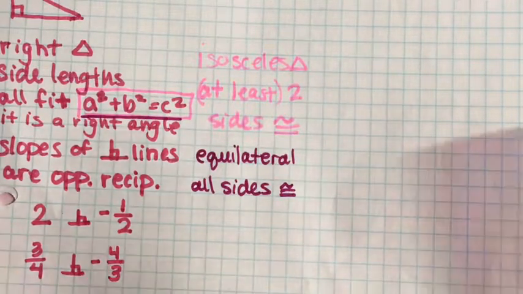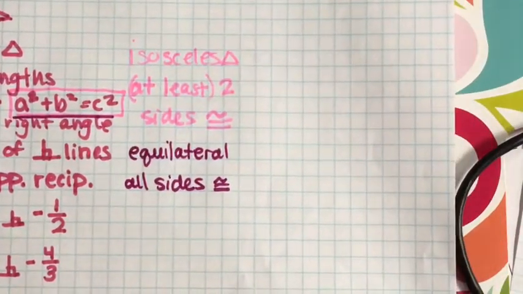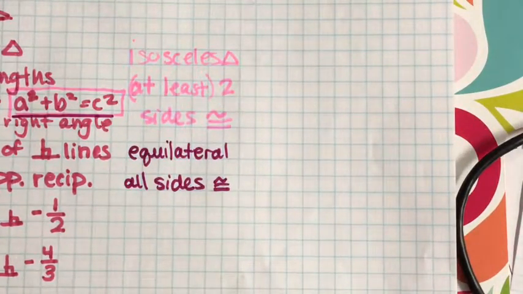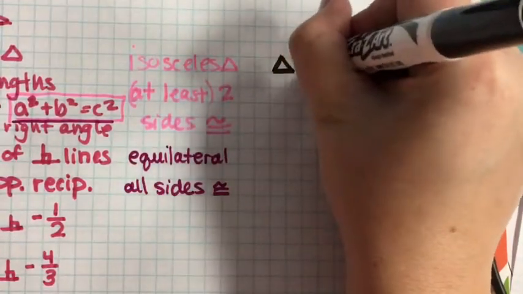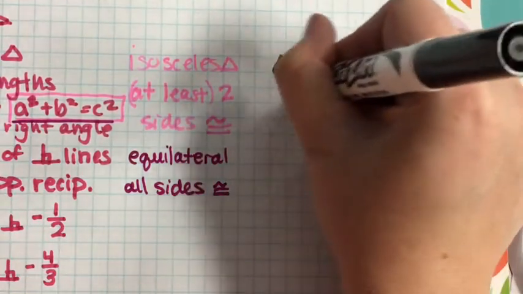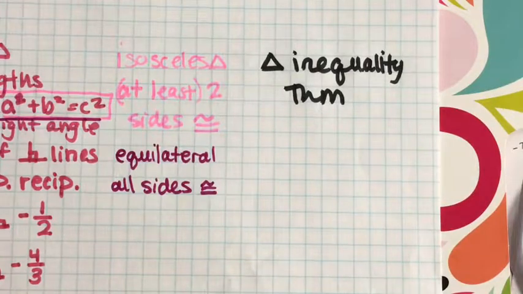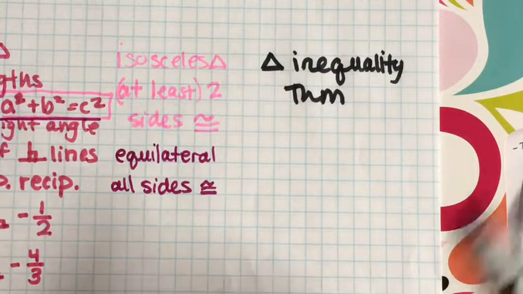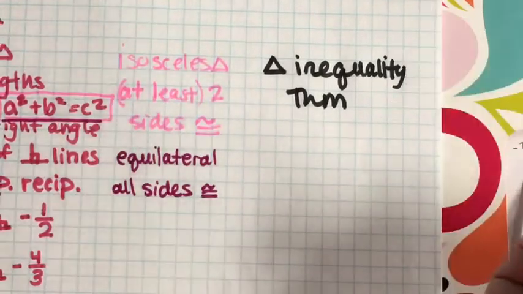But then there's something that's sneaky, and you were taught this before, I think, but I don't remember when. There is something called the triangle inequality theorem. And it says that, so you have 3 sides, right?